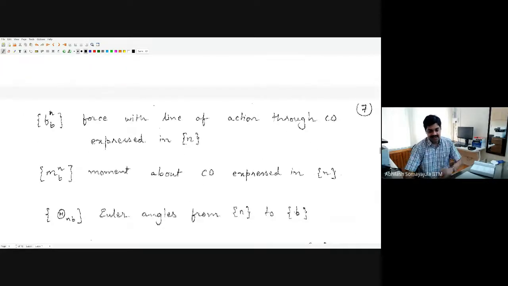In a similar manner, we will define the force and the moment as well. So a force vector F nb represents the force with a line of action passing through the origin point OB, expressed in N. So this is expressed in N and it is talking about the force acting at the origin point OB.